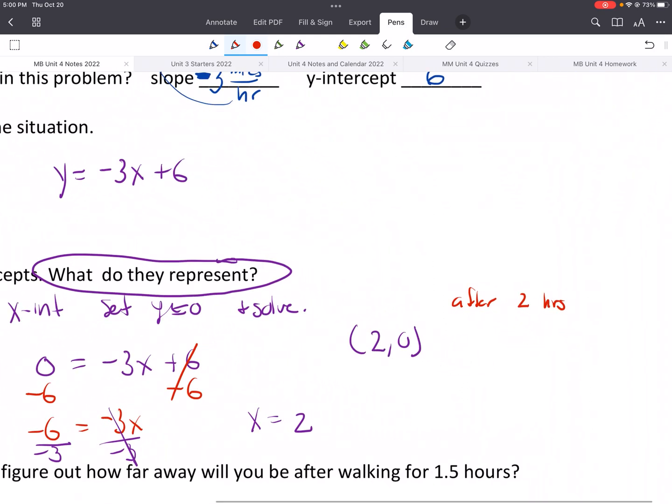You are home. Or you could say you're 0 miles from home. Okay? So make sure we explain what this means in context of the problem.